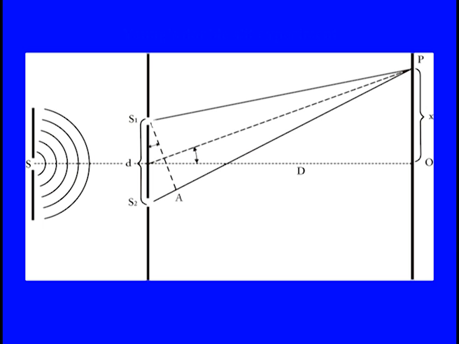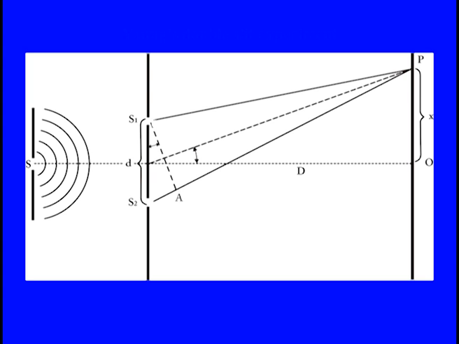Since for the point O we have S1O equal to S2O, both waves will arrive at O in phase. Therefore, if point P coincides with O, the intensity will be maximum.